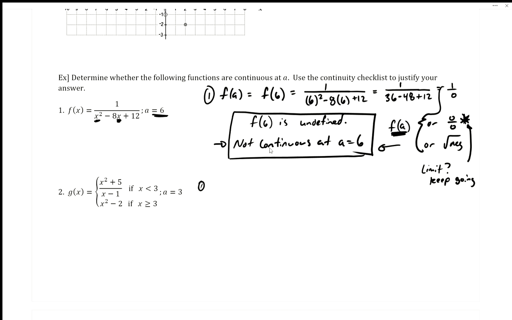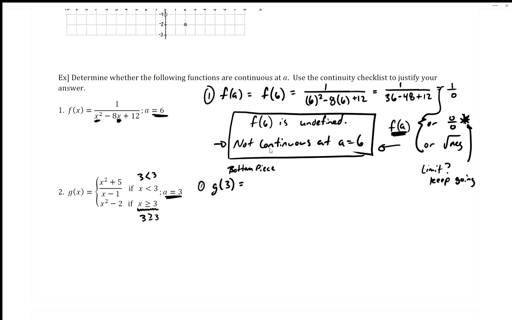All right, number 2, let's see what happens when we plug in 3. Step 1, let's do g of 3. So A is 3. We look at our pieces. The top piece, where 3 is less than 3, is not true. The bottom piece, where 3 is greater than or equal to 3, is true, because of the equal part. So we use the bottom piece.